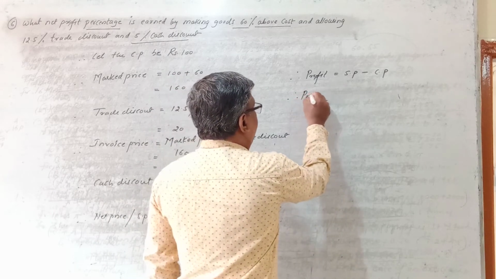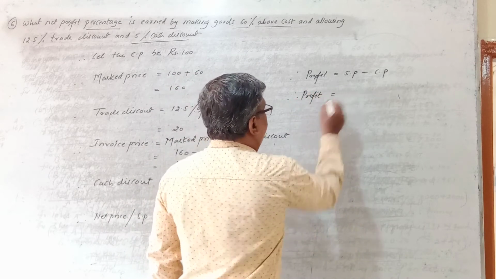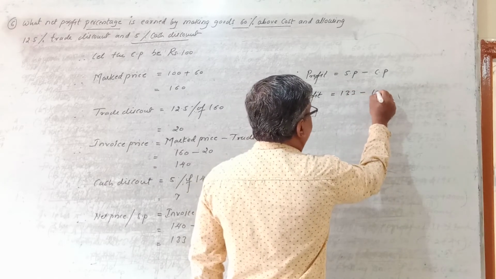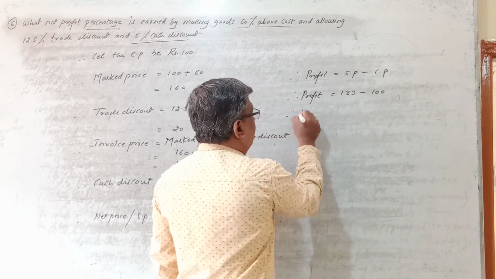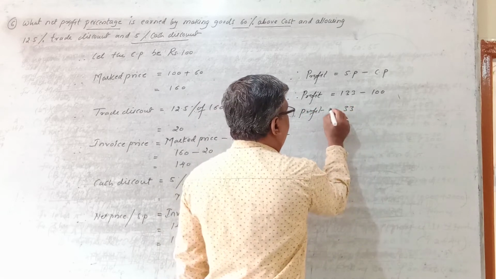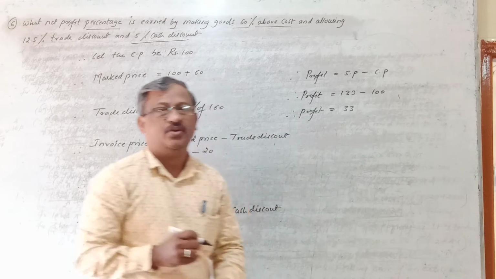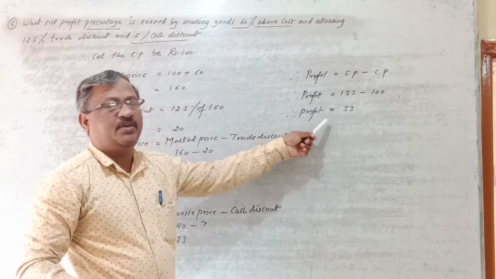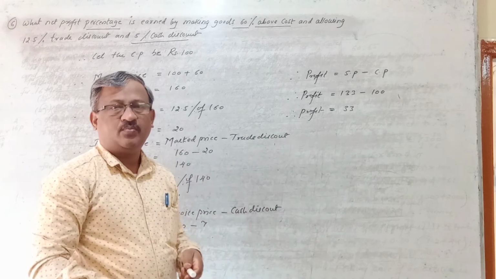So profit is equal to selling price 133 rupees minus cost price 100. Therefore, profit equals, you will get how much? 33 rupees. Means this 100 rupees is giving you 33 rupees profit.